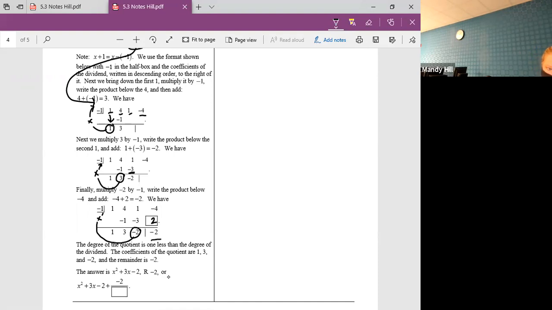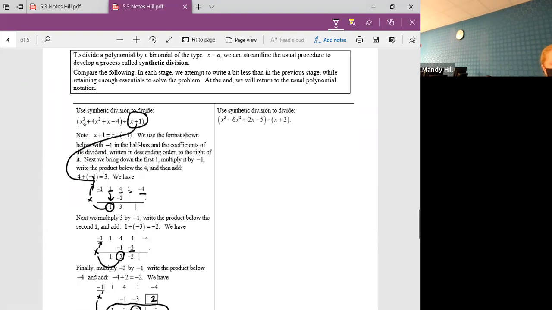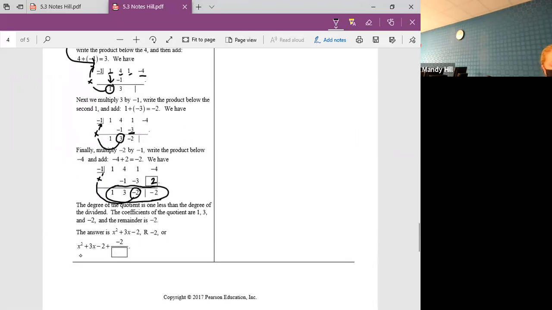This last term is your remainder. So this is the answer, this row right here. So if you'll look, we started with something that was x to the third, and when they wrote their answer, it's one less than that, so it's x squared. The 1 goes in the front.